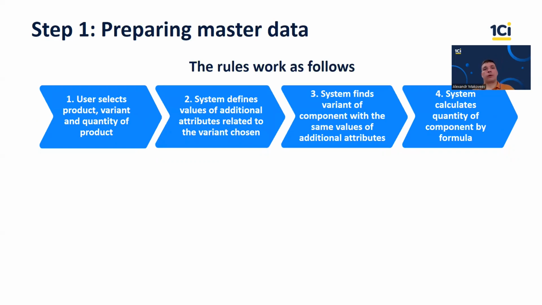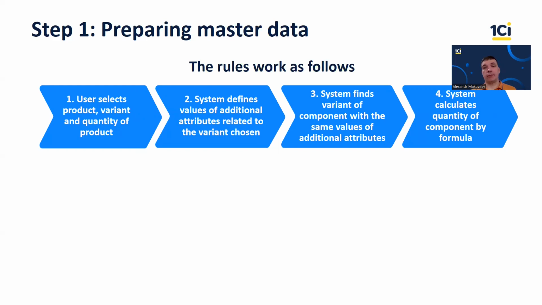How does our master data work actually? We select a product, variant, and quantity of product, like in a production order and in a sales order as well. How does it work? The system defines values of additional attributes.